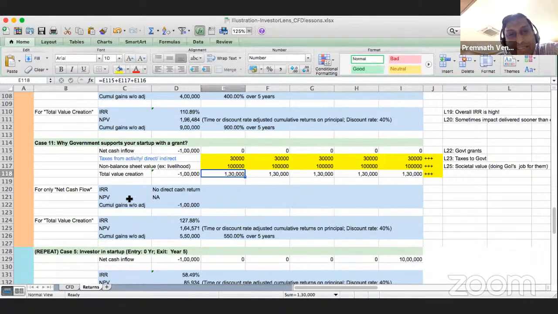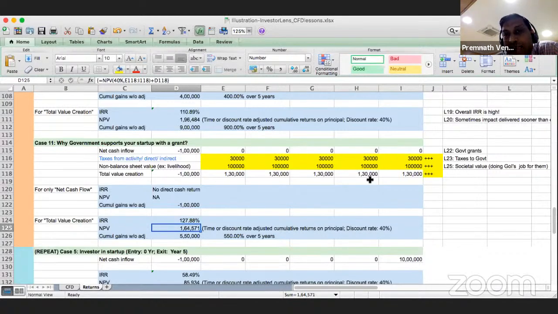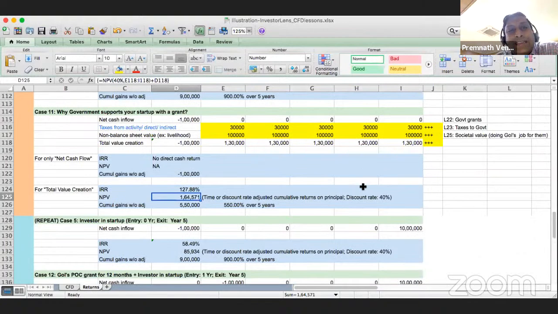So here again, you can see the NPV and IRRs. You can see that's quite attractive for the government if you look at the total value creation from this activity. Okay, that they are getting a lot by giving you a grant. So think of it that way.